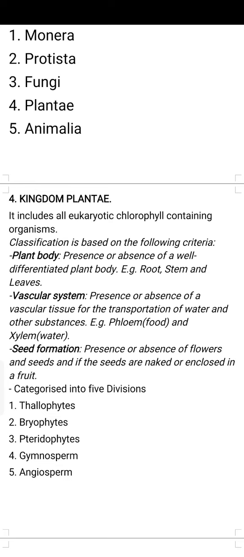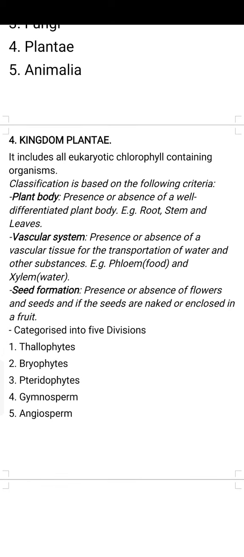The second criteria is the vascular system, whether the vascular tissue, which is xylem and phloem, is present in the plant or not. Xylem helps in the transportation of water in the plant body, and the phloem helps in the transportation of food. The third criteria is the seed formation, whether the seed is naked, exposed outside in the environment, or enclosed inside the fruit.